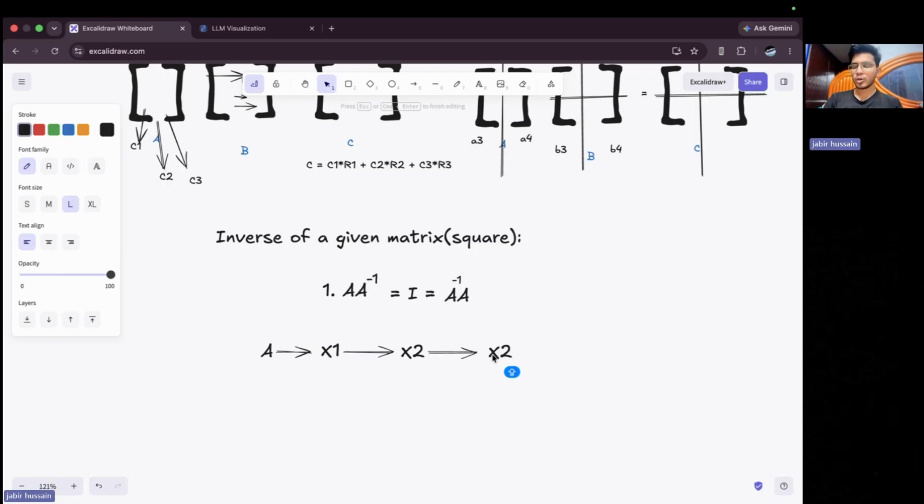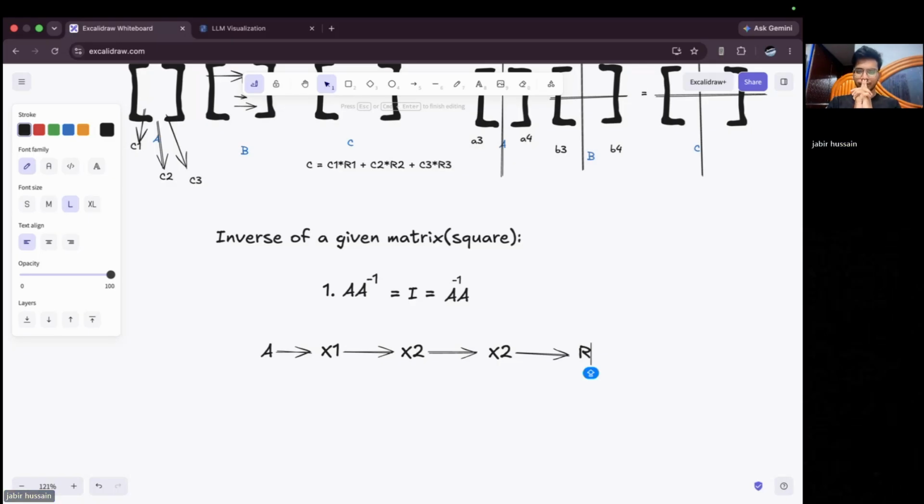After doing n number of operations, I got some resultant, let's say resultant R. So I did something on A first, then again did something, and again did something, and as a result I got R.